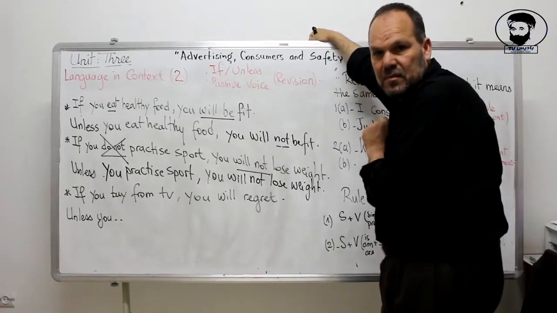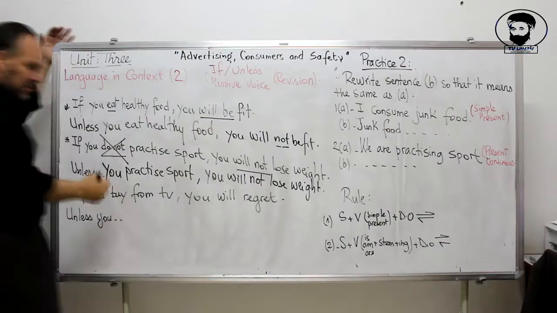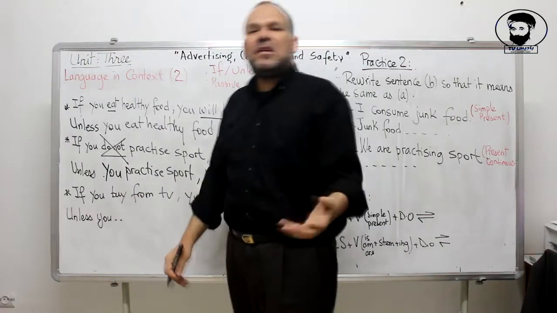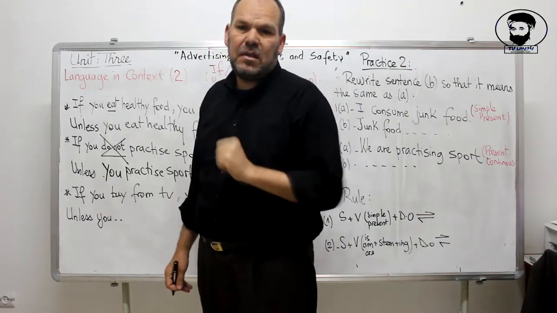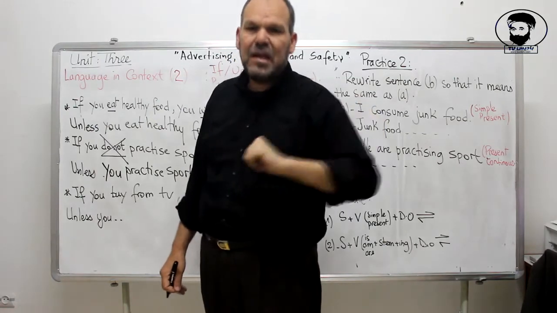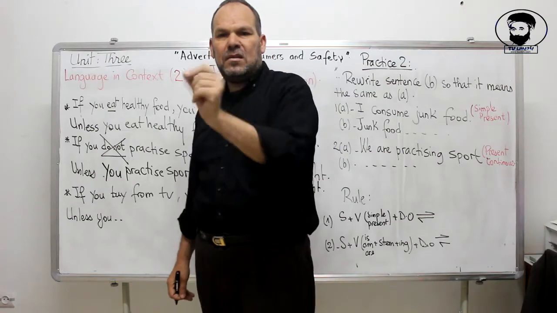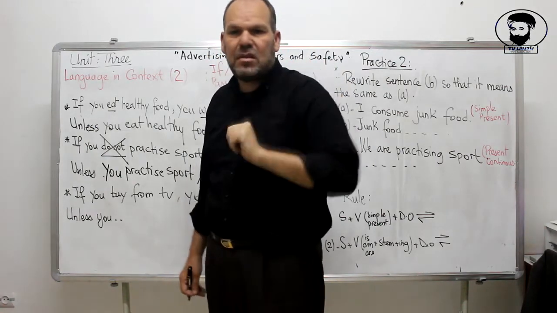Now, if you buy from TV, some people buy products or use services from the television. It means they see an advert on TV, an ad, a publicity, a commercial on TV. Remember the synonyms? So they use a number on the screen, call and buy the product according to the television.